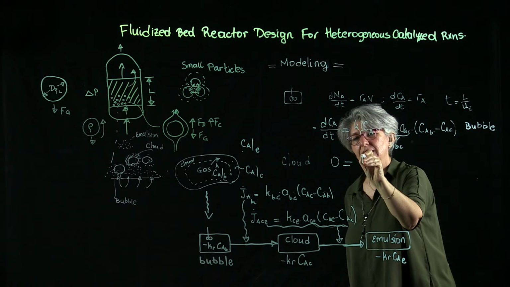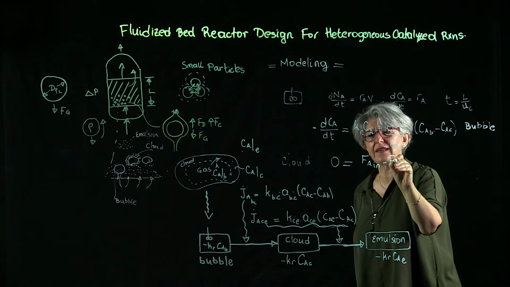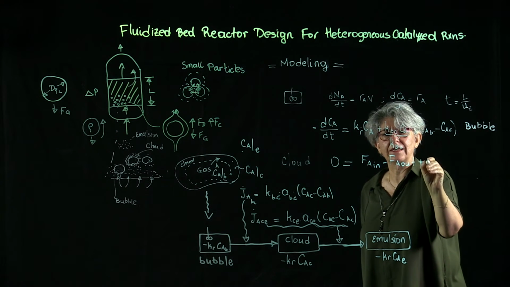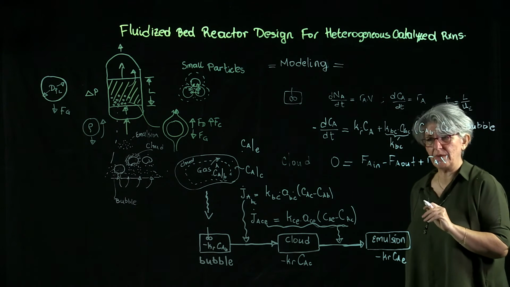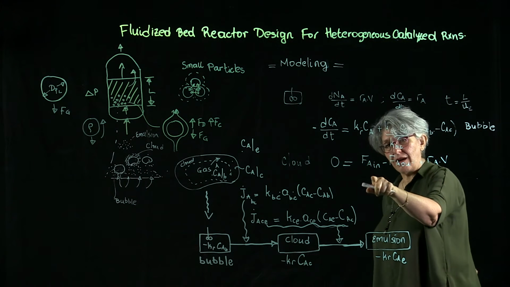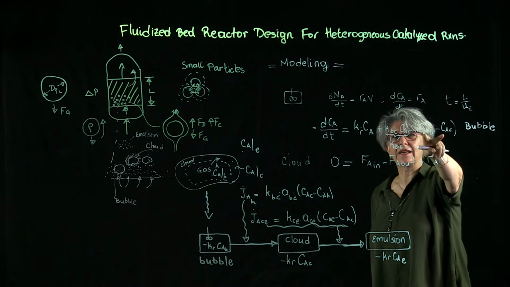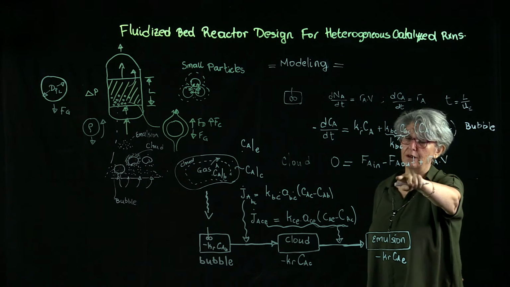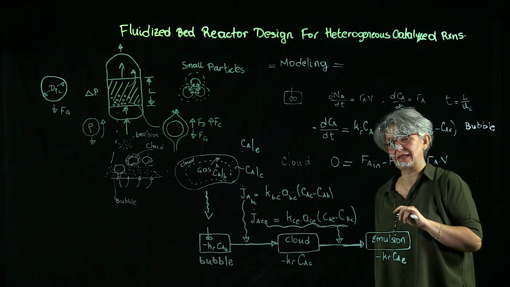Let me write FA in minus FA out plus RA times V, to remember what it was for a CSTR. Now instead of advective flux, we have convective flux coming from the bubble, going to the emulsion, and the rate that is taking place in the cloud.